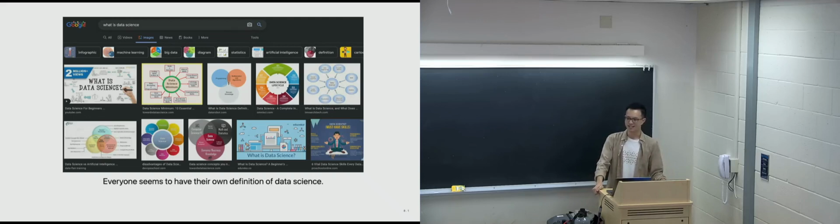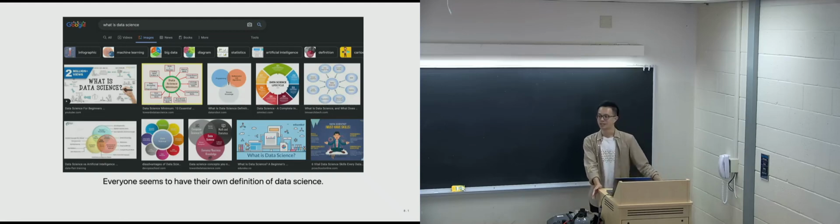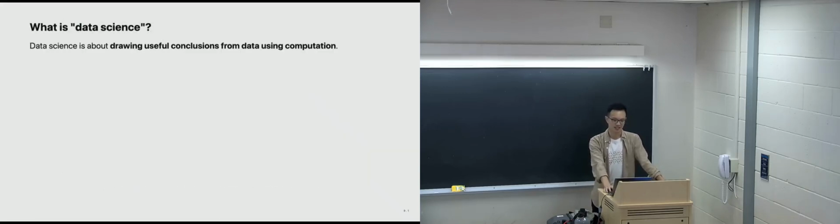And the truth is that the real definition of data science is still a topic of debate among most people. If you go to different companies and you apply for data science positions, they have many different requirements for what they expect from a data scientist. And that was true 5 years ago, and to my knowledge, that's still true today. So people don't necessarily agree. In this class, what we're defining data science as is drawing useful conclusions from data using computation.